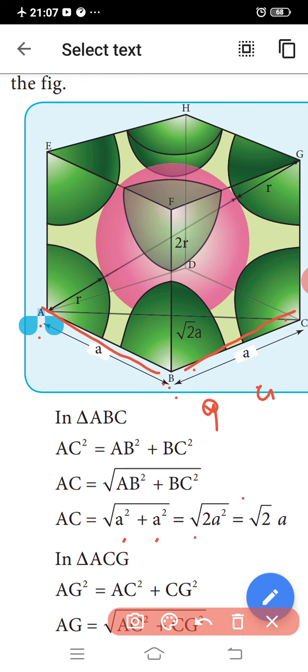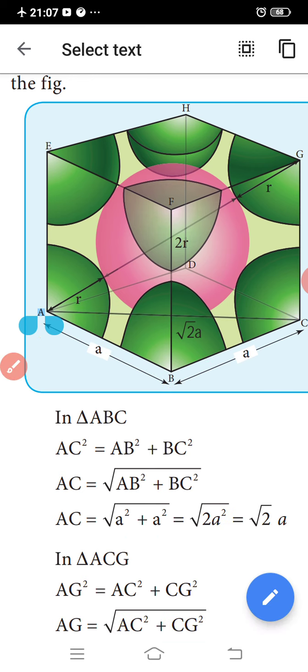The root cancels the square, so AC is root 2 A. This is the AC value.